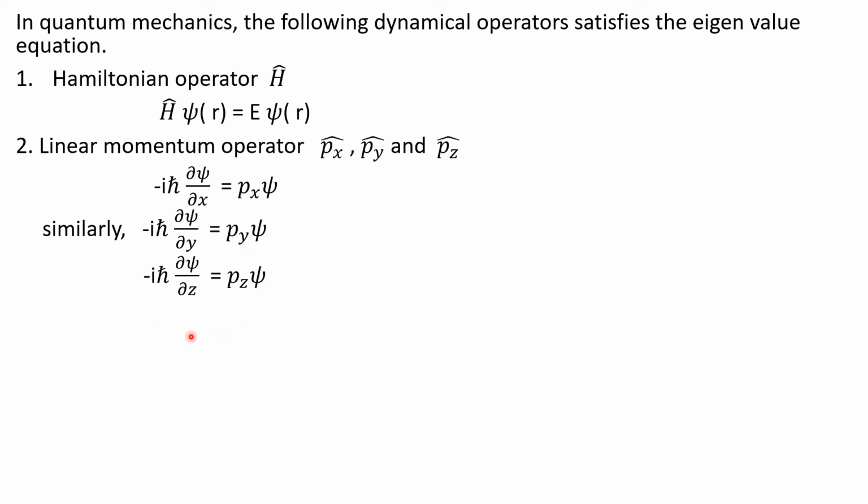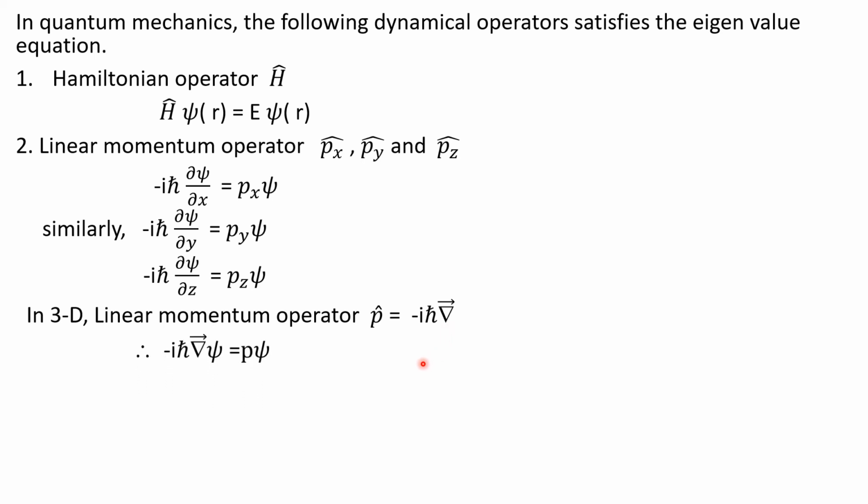Next one. In three dimensions, what is the linear momentum operator? The P operator in three dimensions is minus i h cross del operator. That del is i del by del x plus j del by del y plus k del by del z.